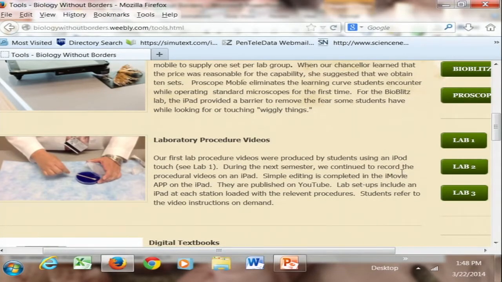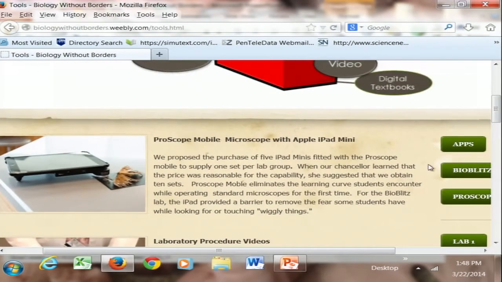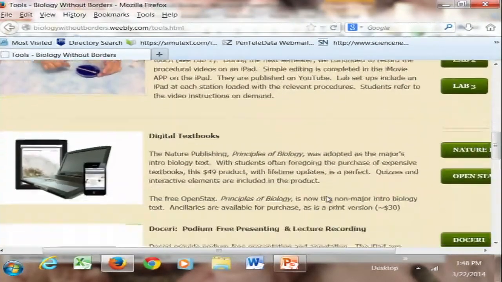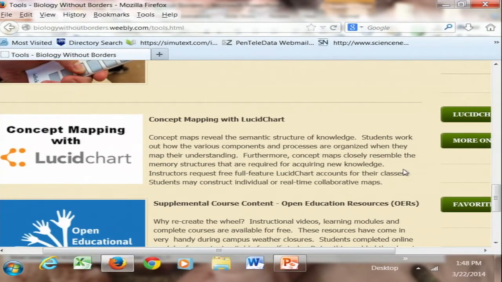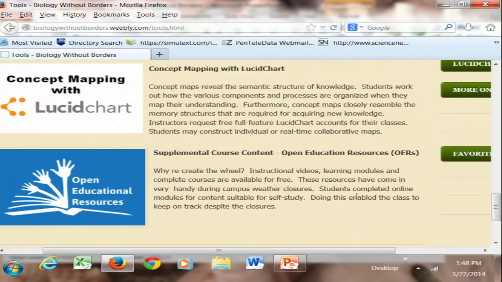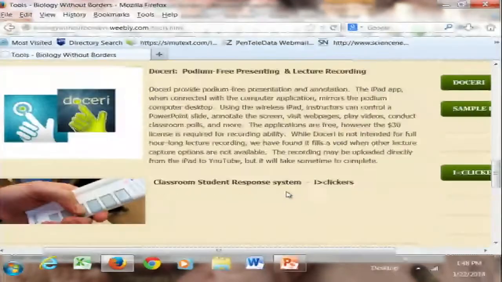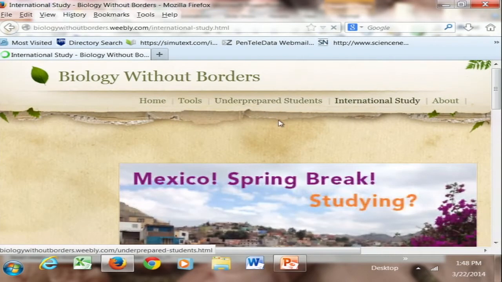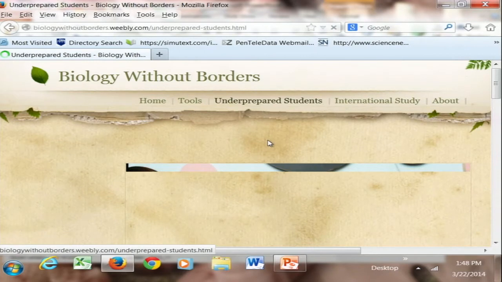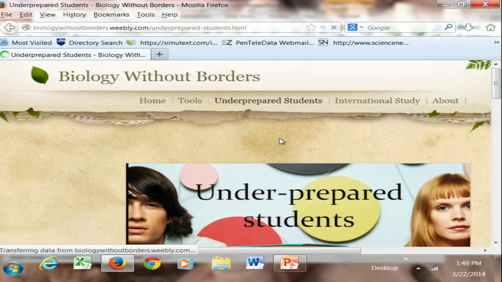You can see some of the lab video introductions, the Bioblitz lab itself, the clicker response systems, the Lucidchart mapping, any of the open source stuff, and the international study she's got up here. That was the spring break trip we just took, and then the tips on the underprepared students. So that Weebly has the different things.